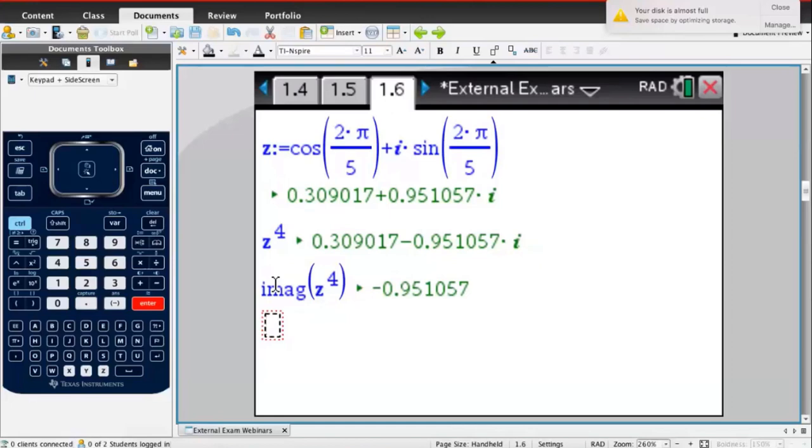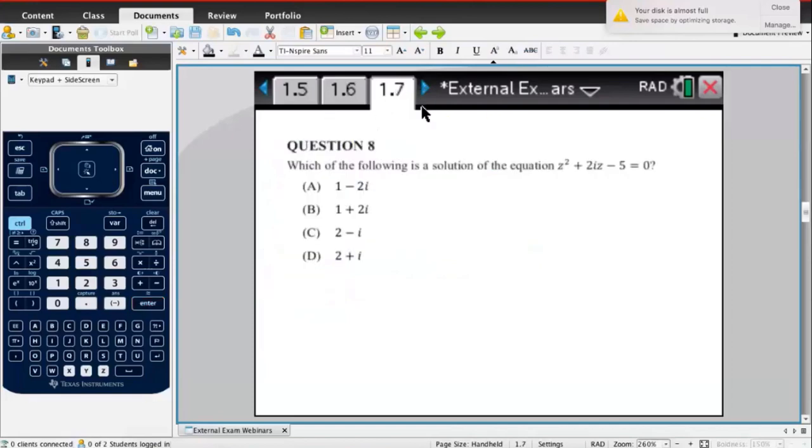Okay, moving right along. The next question is also on complex numbers. So we'll look at two different ways of doing this. One way is by defining the function.